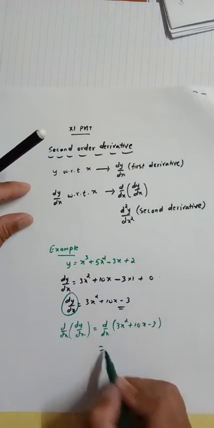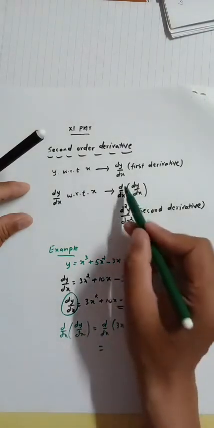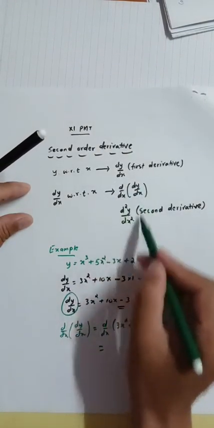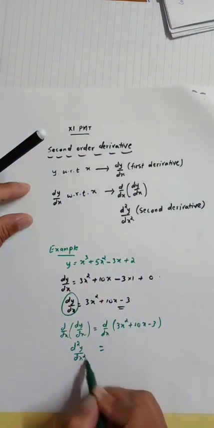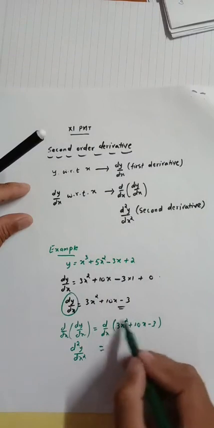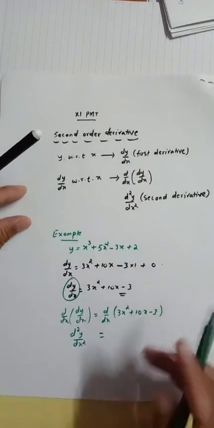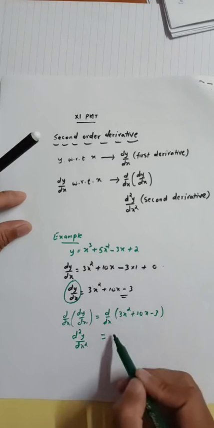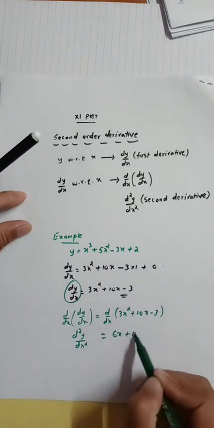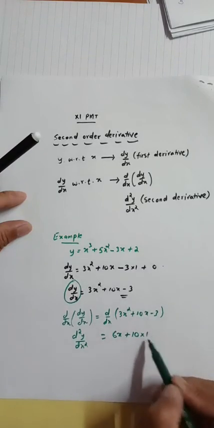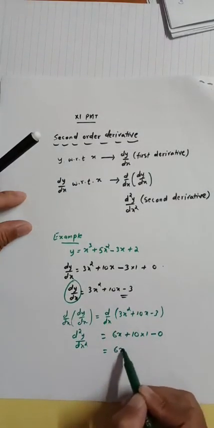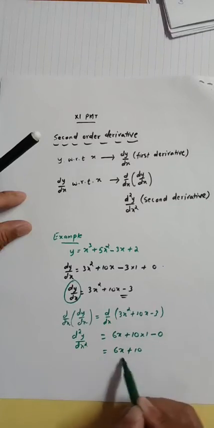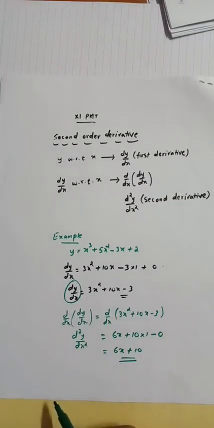This d by dx of dy over dx is represented as d2y over dx square, which is equal to: differentiating this, 2 times 3 is 6x, plus 10 times d by dx of x, which is 1, minus d by dx of 3, which is 0. So it is 6x plus 10 times 1, which is 10. So that is our second derivative.